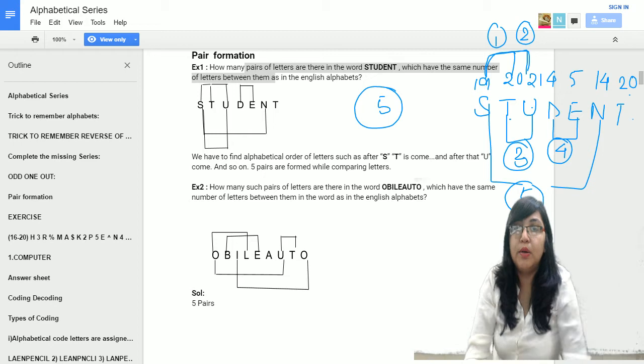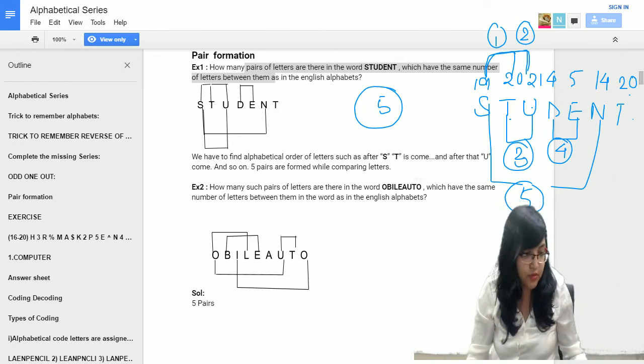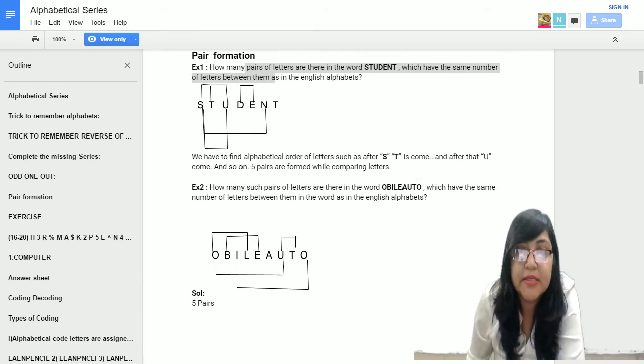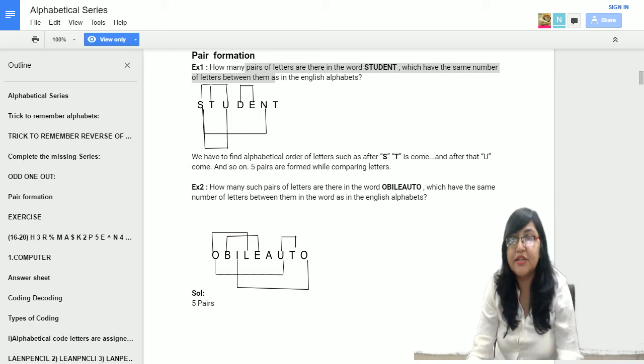Okay. So let us solve one more question on this, because this is very important. How many such pairs of letters are there in the word mobile auto which have the same number of letters between them in the word as in the English alphabet?